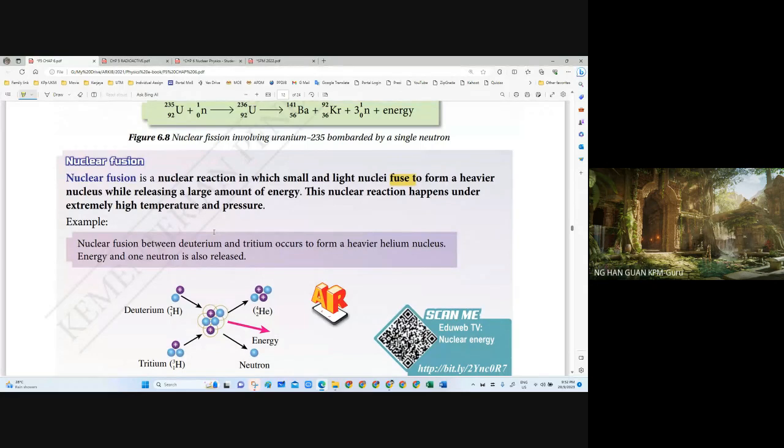But practically, it's not like the movie. Until now, we still don't have the technology to make nuclear fusion applicable in our industry. I heard there's one report that a university is nearly successful with nuclear fusion, but because of a lot of unstable factors, we don't know what really happens.